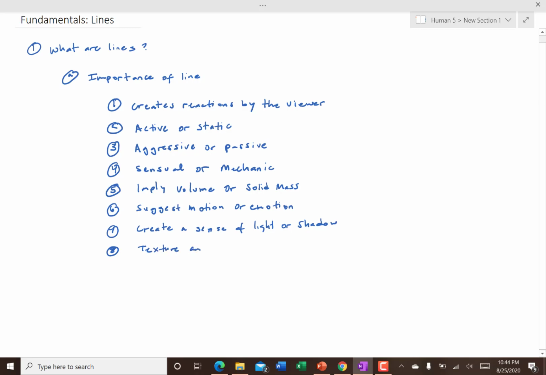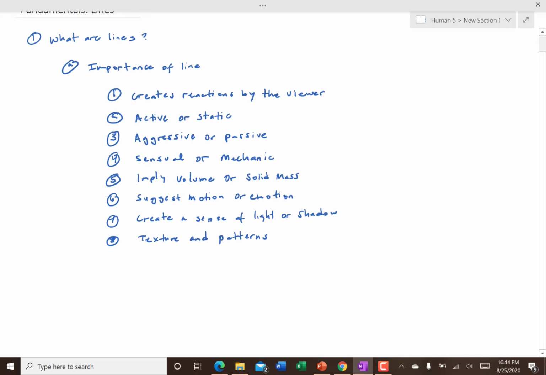And why important? Because it does all these things, right? The importance of a line, it is in everything. I mean, that alone makes it important. You can't have art without lines. It's impossible to do.